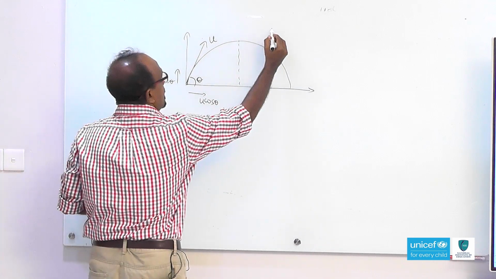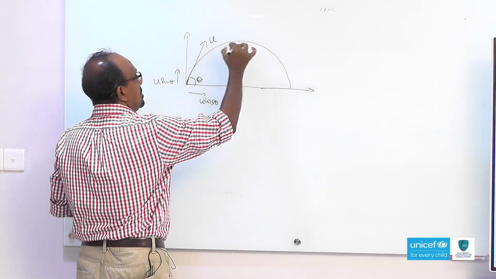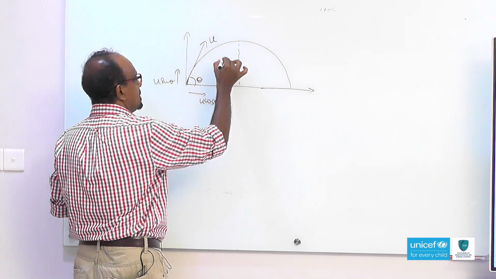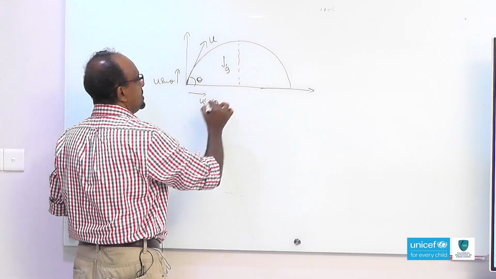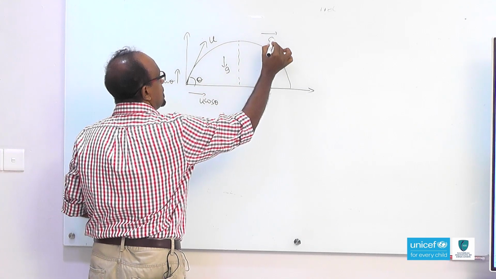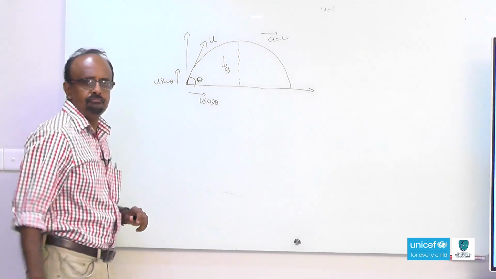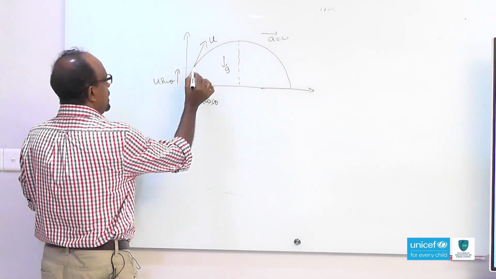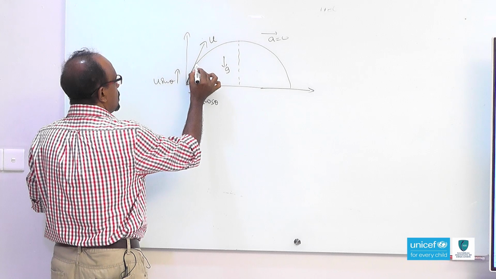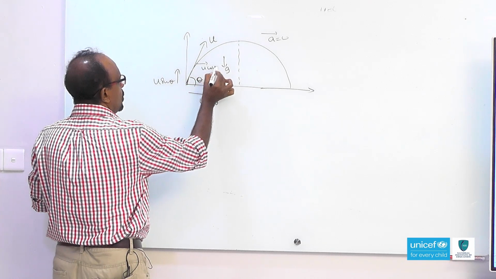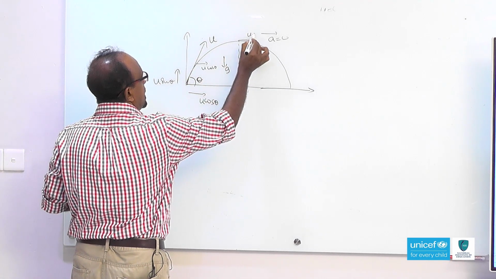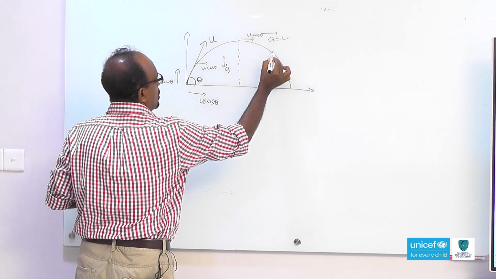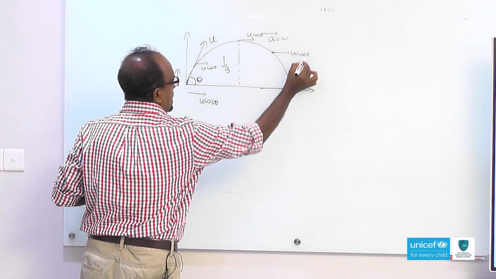Then I explained that when the body moves in a curved path, downward acceleration is g, horizontal acceleration is 0. So therefore, during the motion, the horizontal velocity component will not change.